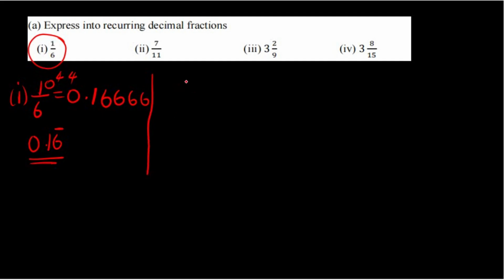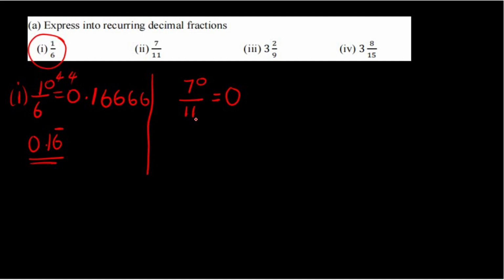Then the second one, you have 7 over 11. That means we need to divide. 7 divided by 11 is 0, then you put 0.